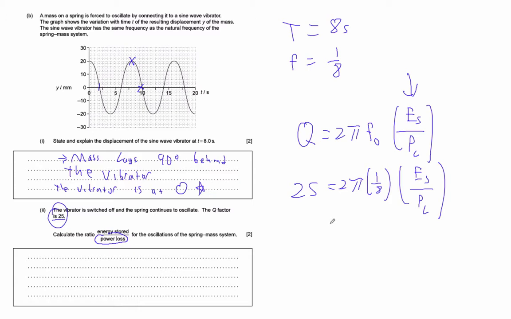We're going to take our calculator and calculate this thing, which is going to be 25 divided by parentheses 2 pi, and then divided by 1/8. And I get 31.8 equals energy stored over power lost. And that's what they want. Then they round it to 32. All right, there you go.